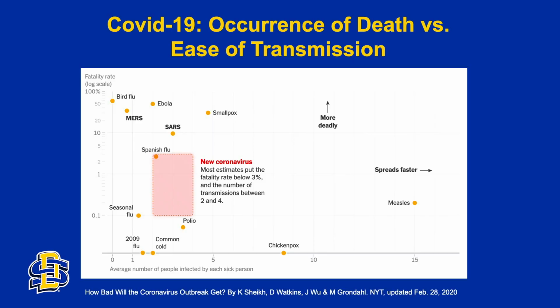And the case fatality rate is about 2%, or some people estimate it at 2%. They're still unsure about that, but that was what the case fatality rate was for the Spanish flu of 1918 that killed 500,000 people. So if you look at those two things, that's what makes this a really potentially dangerous virus.